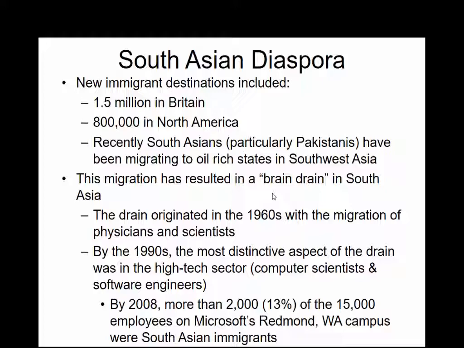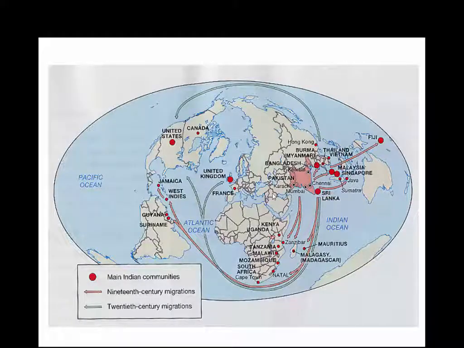So what's that going to do for the future of some of these countries? And then we can see where a lot of the main Indian communities are, and we can see the 19th, 20th, and eventually the 21st century migration patterns of them.